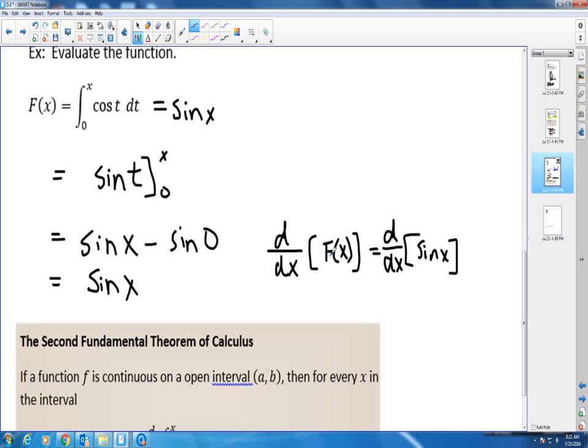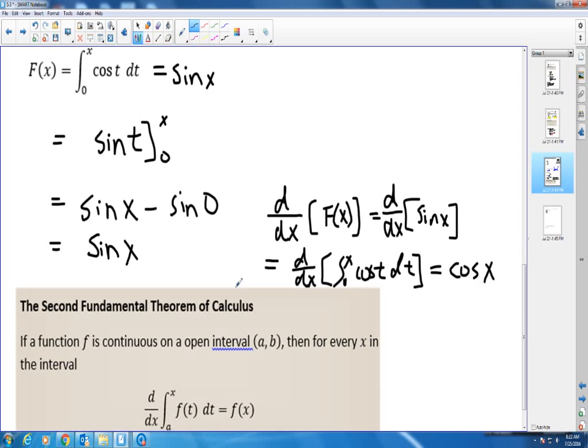So if I want to take the derivative of my antiderivative, which will eventually become sine of x, which is the same as the derivative of my integral from 0 to x of cosine t dt, which eventually will give me cosine of x.